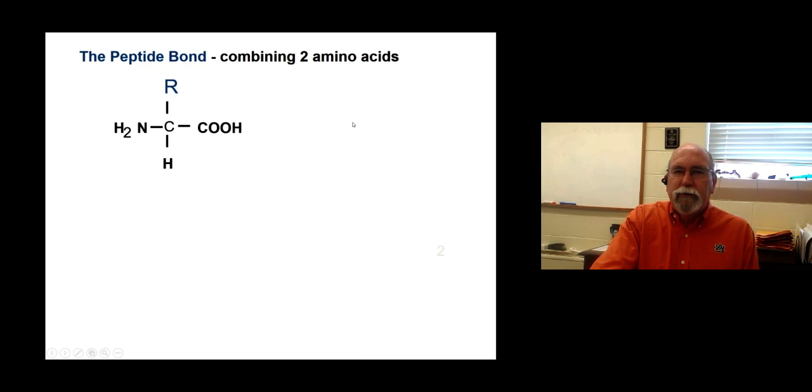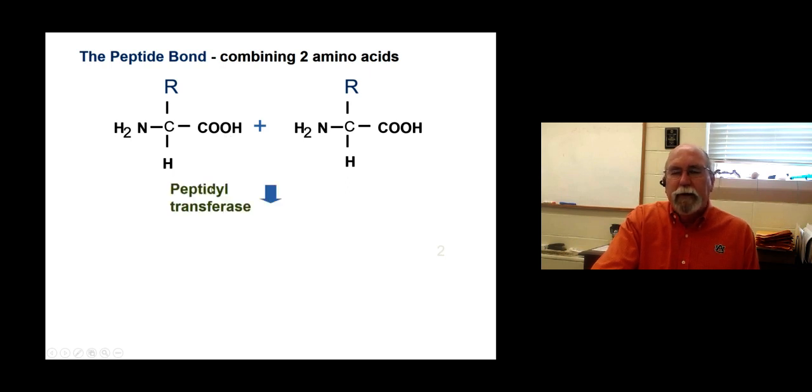A peptide bond is a result of combining two of these amino acids, from the carboxyl end of one to the amino end of the other. So we have our amine end, we have this carboxyl end. Remember that during the process of translation, we had these tRNA structures that came into the large ribosome and helped us link together these amino acids, right?